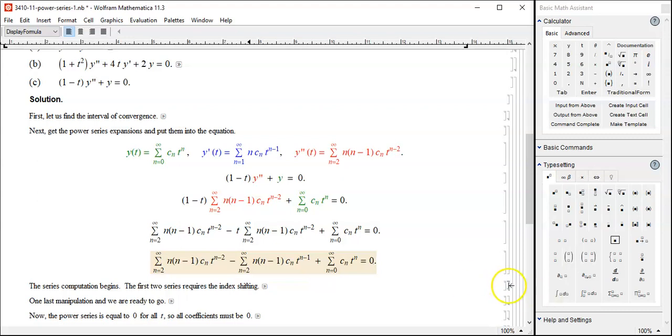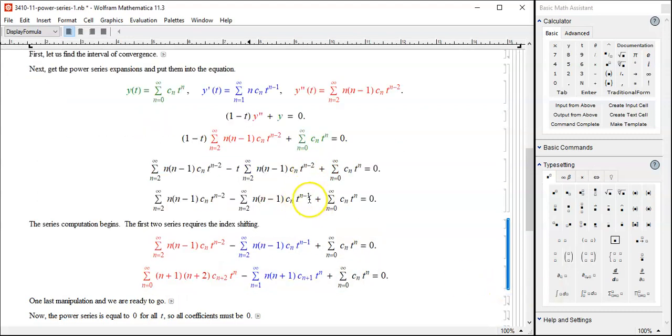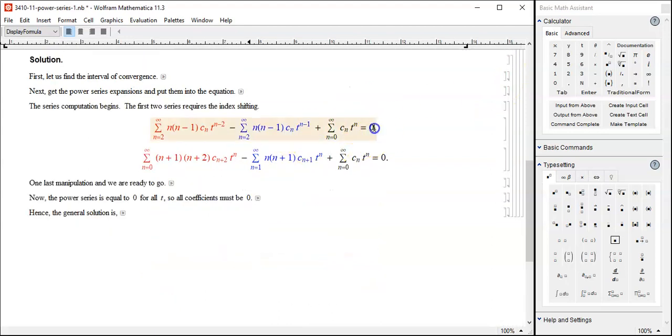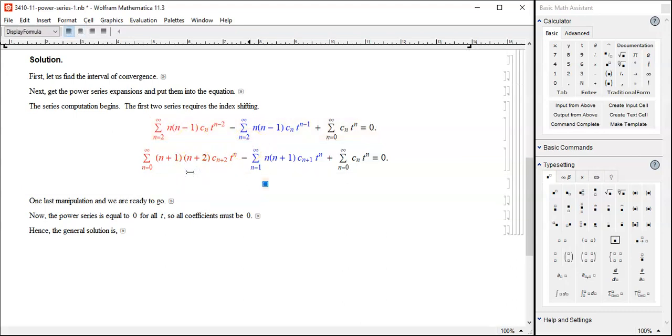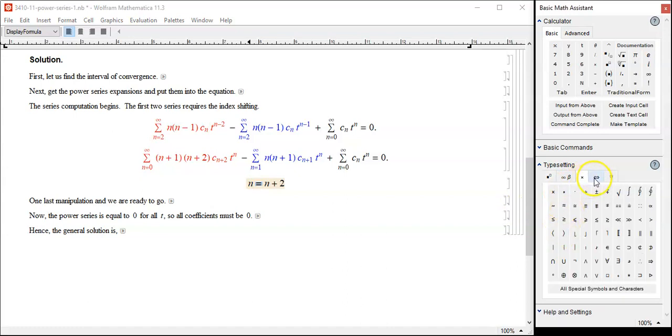Okay, let's go. This one blue, this one red. Okay. From here, for red, we're doing n as n plus 2. We're taking this substitution.